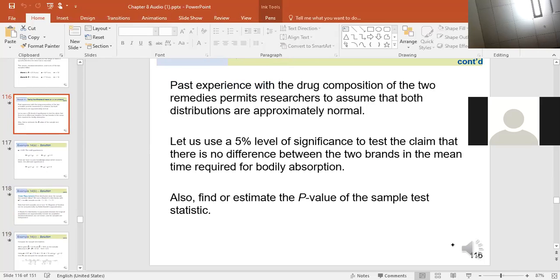At alpha equal to 0.05, there is not enough evidence to support the claim that there is a difference between the two drugs. But sometimes we may say there is not enough evidence to reject the claim that there is a difference between the two drugs.